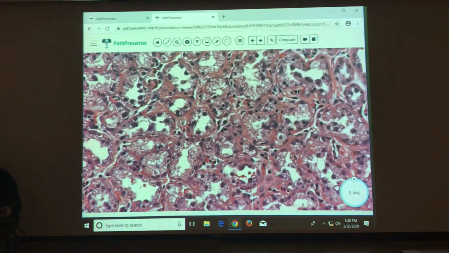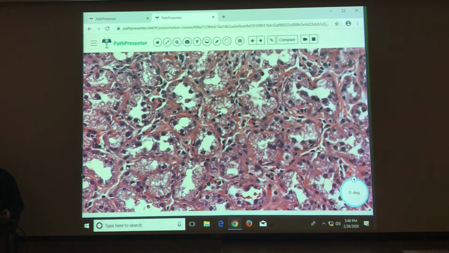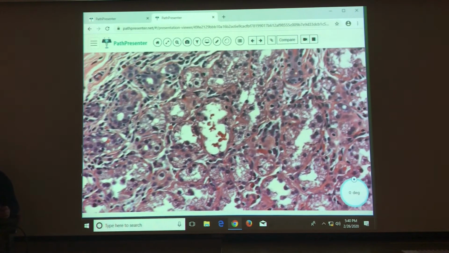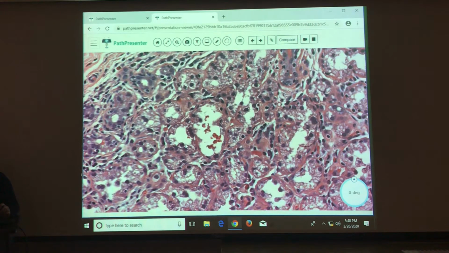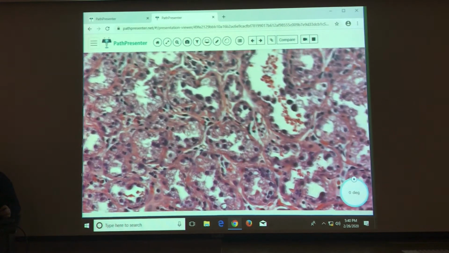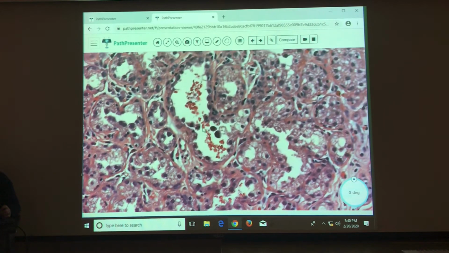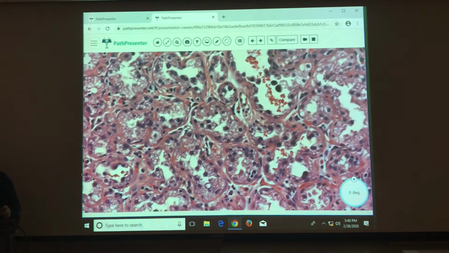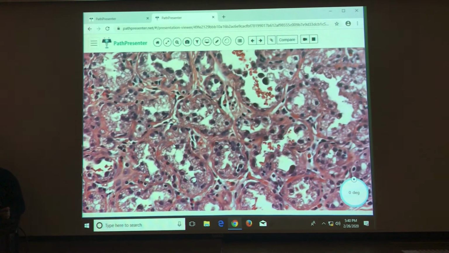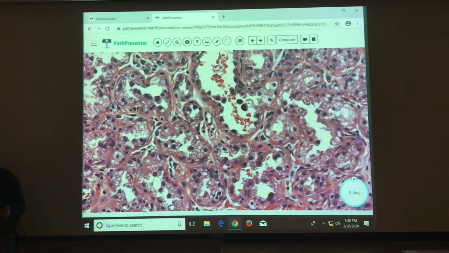And looking at the cells, how about the cytoplasm? It's a little clear. Okay.